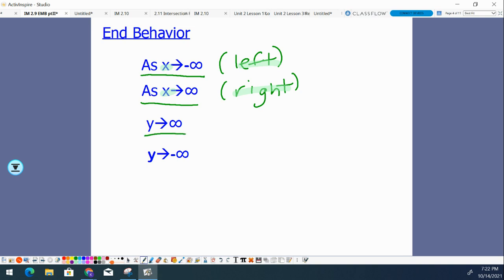Y approaches infinity just means it's going up, and y approaches negative infinity just means it's going down. So on the left side, is it going up or going down? And on the right side, is it going up or going down? We're always going to use these two every time and talk about what the ends of the graph are doing.